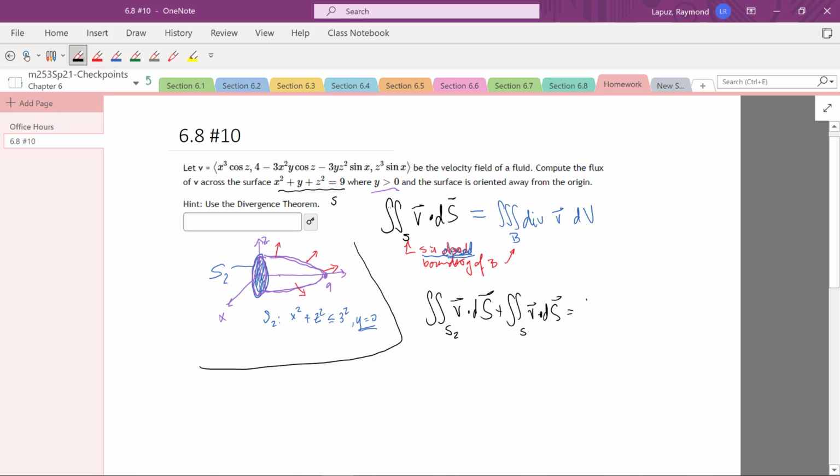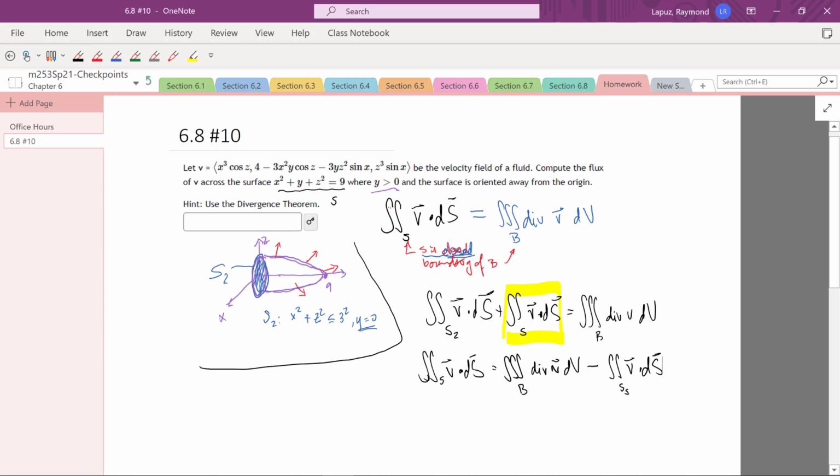And this is equal to the triple integral of the div of V over B. Again, this is what we're interested in solving for, so we can solve for that algebraically. This flux integral that we're looking for is equal to the triple integral over B of the div of the vector field minus this added on flux integral from the surface S2.